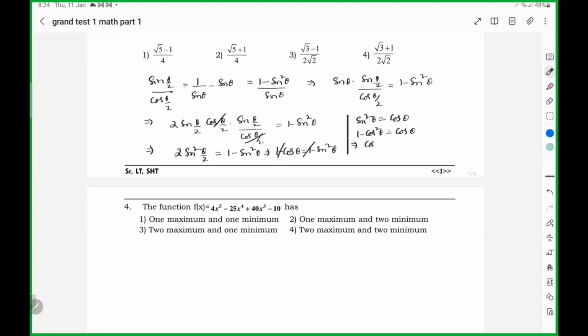From here cos theta will be minus b plus or minus root of b square minus 4ac by 2a, root 5 minus 1 by 2. So 2 cos square theta by 2 is 1 plus root 5 minus 1 by 2. So cos square theta is root 5 plus 1 by 4.